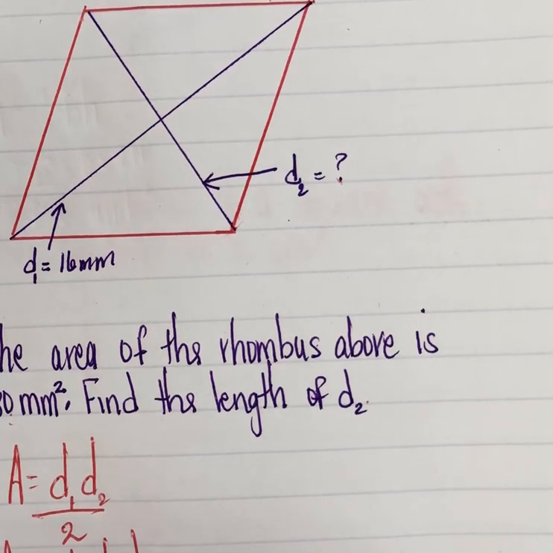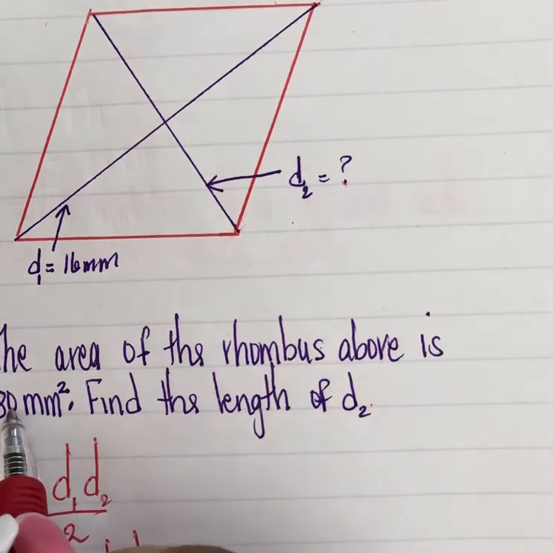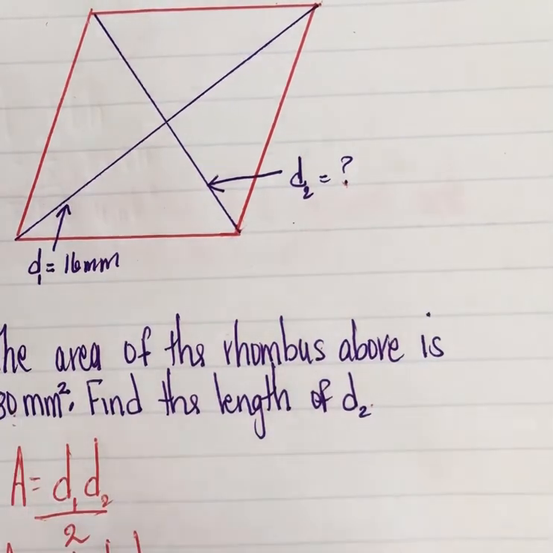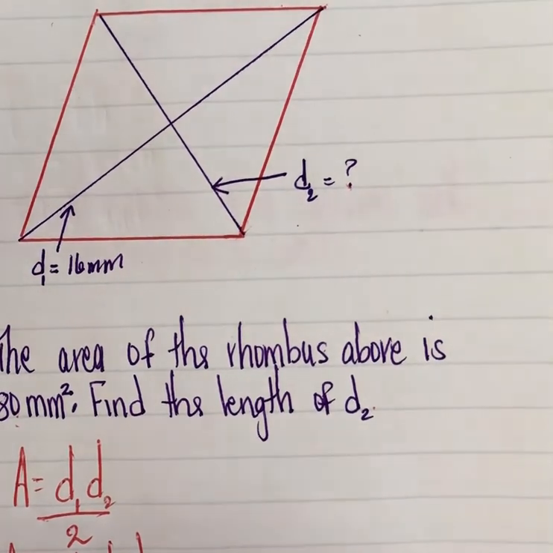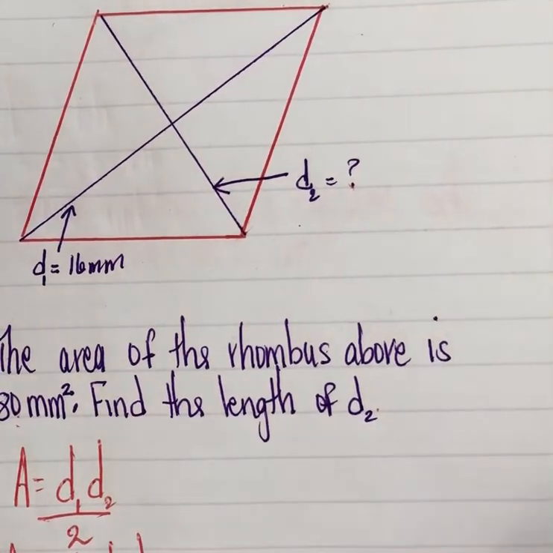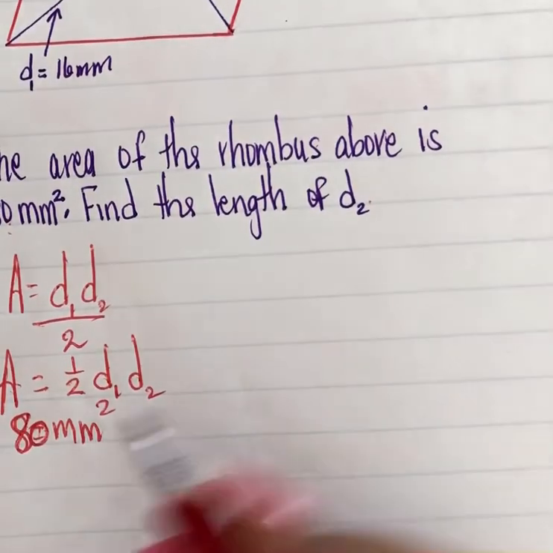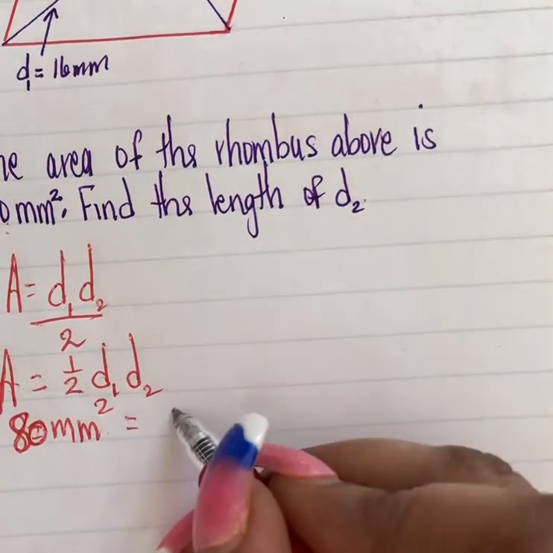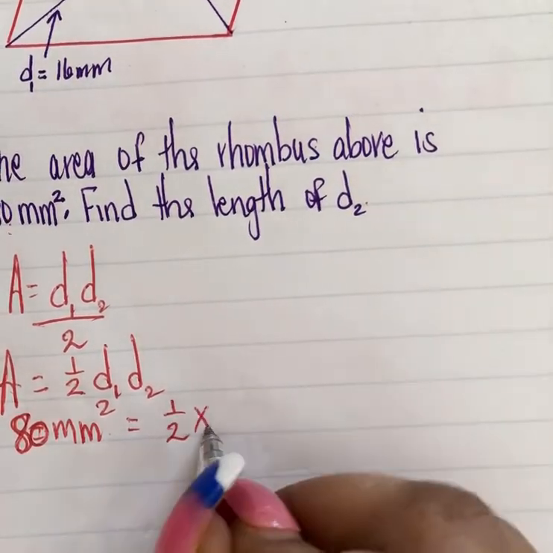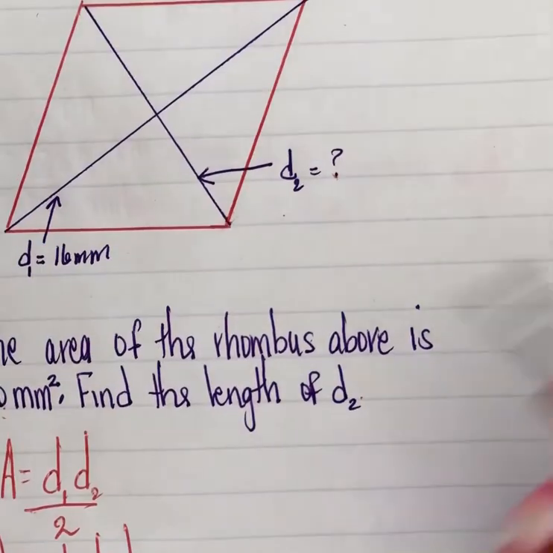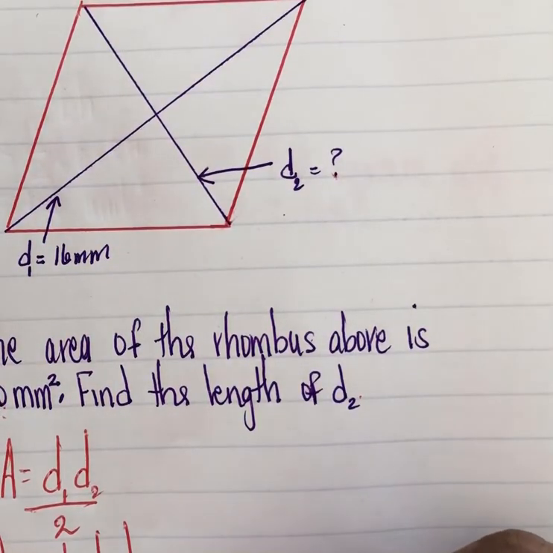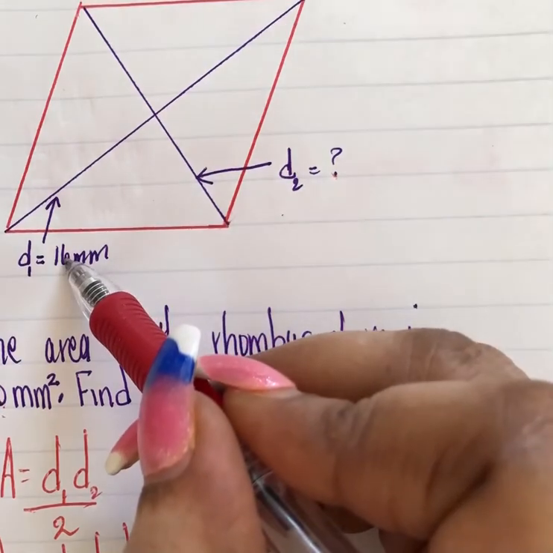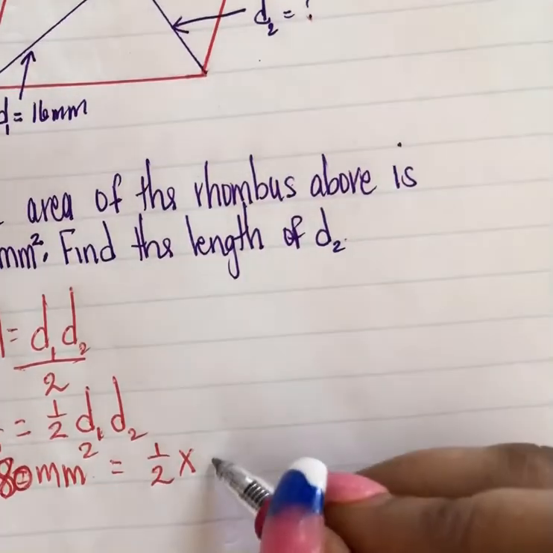A is my area. I am now going to substitute. I was given 80 mm square. That's my area. Okay? I am going to substitute this piece as well. Now, my D1, diagonal 1, is 16 mm. So I substitute.